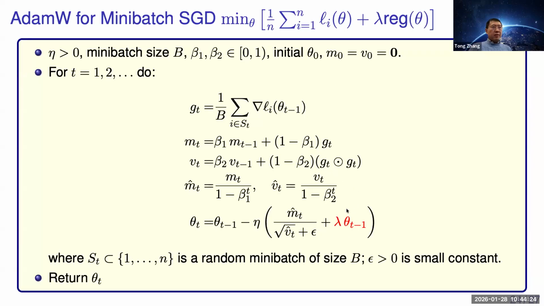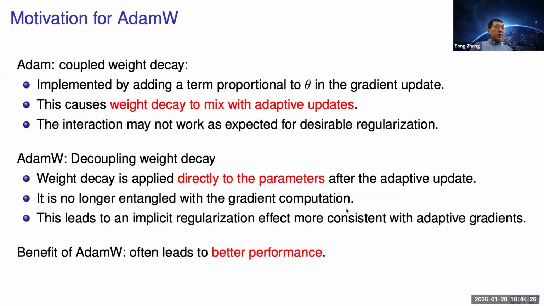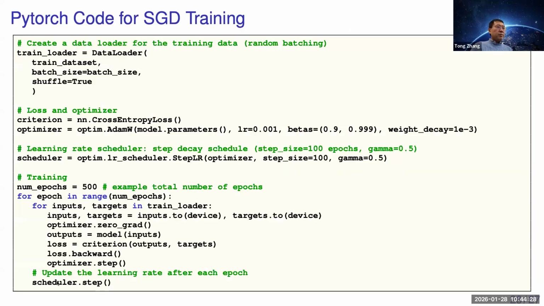Then you also do the scheduler update. Let me check the step size: 100 epochs, oh, this is 500. Yeah, I think that's okay. It's reduced every 100 epochs by one step. Okay, so that's all.